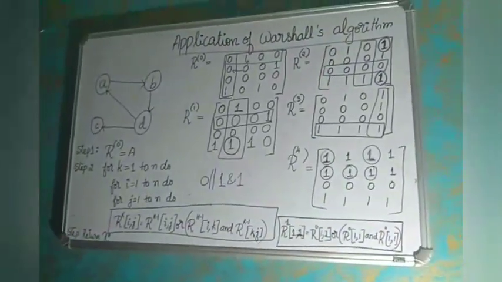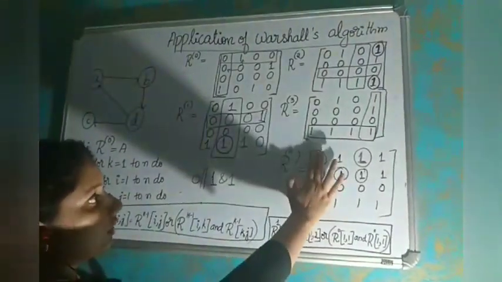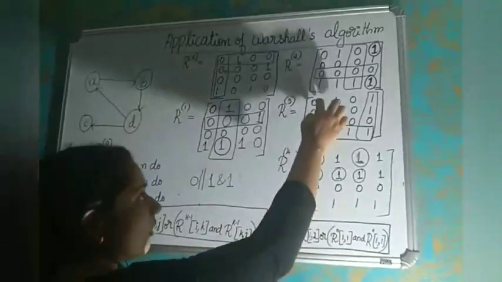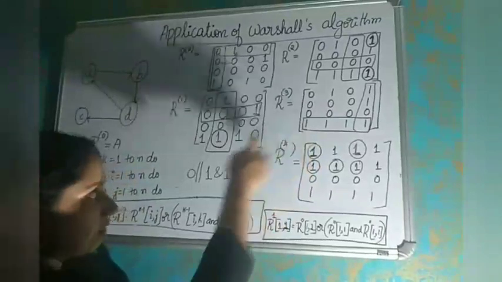If you want me to show one example over here, to calculate the value at this position, this value is 0, I will write it as it is, and then inside the box in the same row we have 1, in the same column we have 1. So 0 or (1 and 1) will become 1.